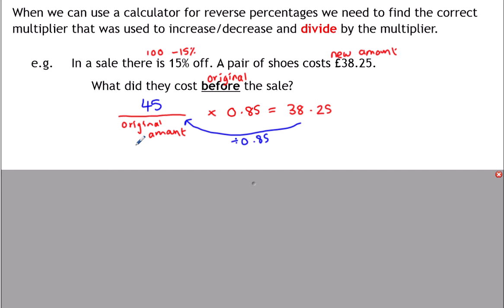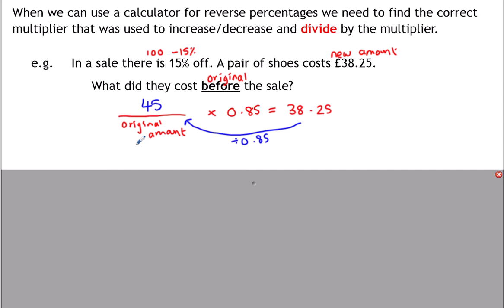So adding on 15% of £38.25 is not the same as taking away 15% of £45, which is what actually happened. So you cannot times by 1.15 and say that the opposite of taking away 15% is to add 15%.